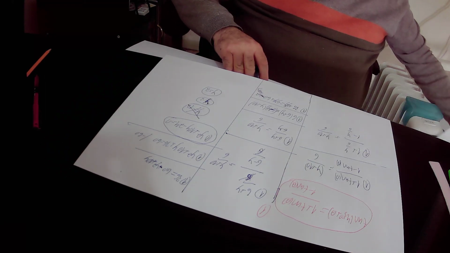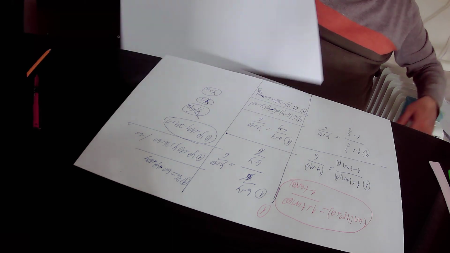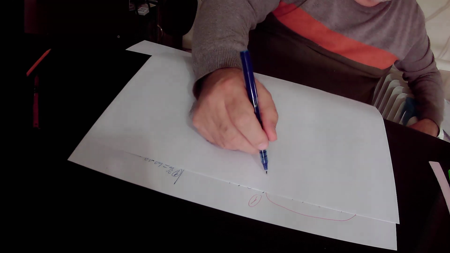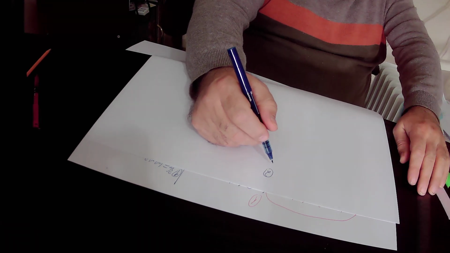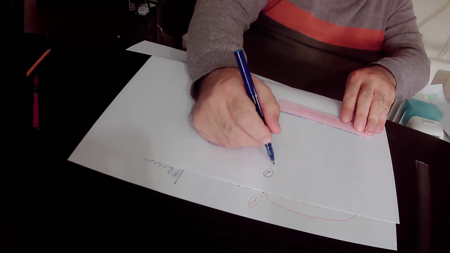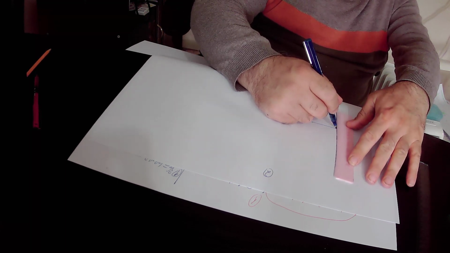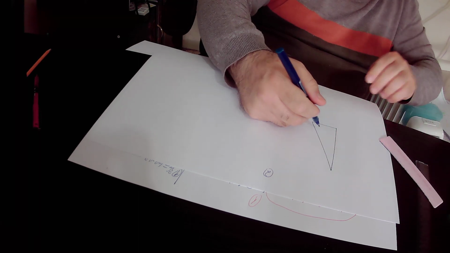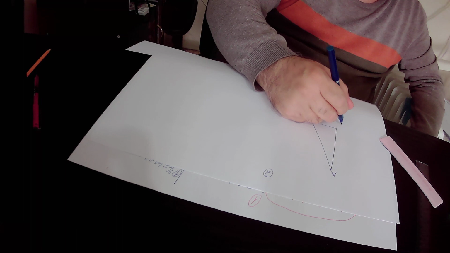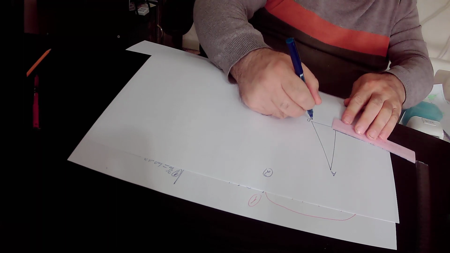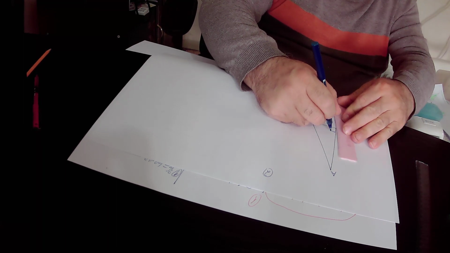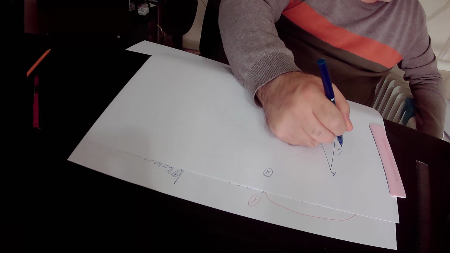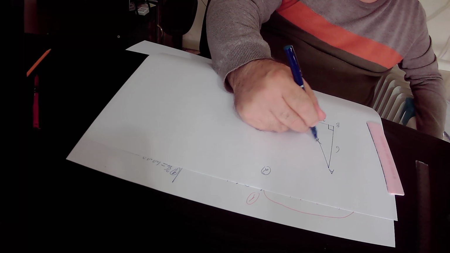Then we implemented the Pythagoras theorem on the right triangle ABD. According to the Pythagoras theorem on the right triangle ABD, BD equals 2, AB equals 6, AD equals X, the missing variable.